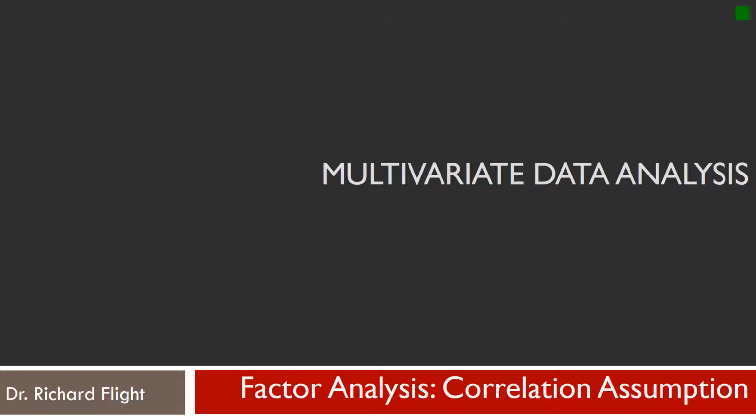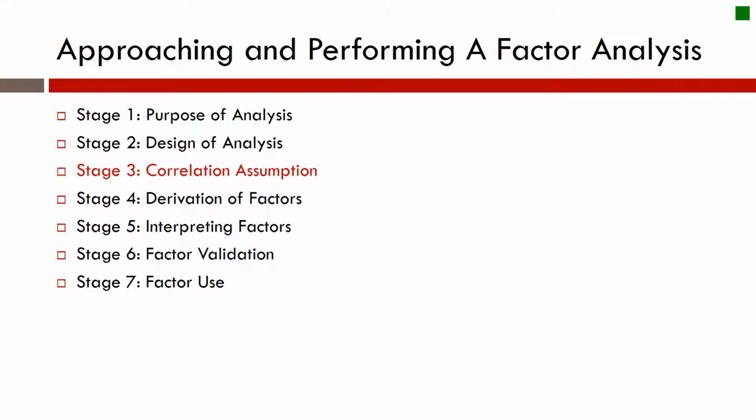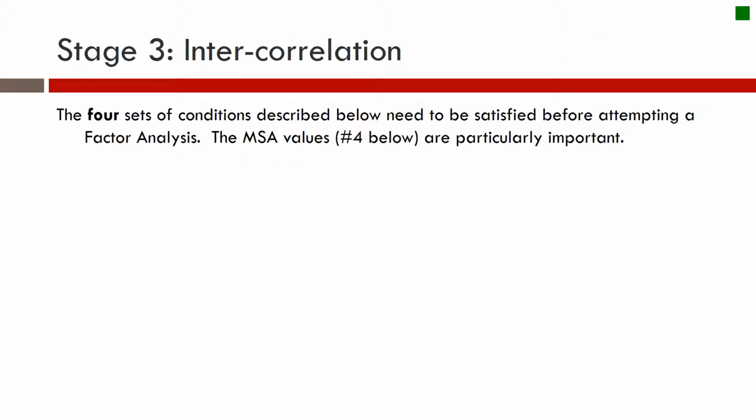And so it is helpful to test in advance to confirm that the variables we're looking at share correlation together, and we call this the correlation assumption within this stage. Sometimes researchers don't do this step, but it's helpful to do this step, and it helps you move forward and have confidence in what you're doing.